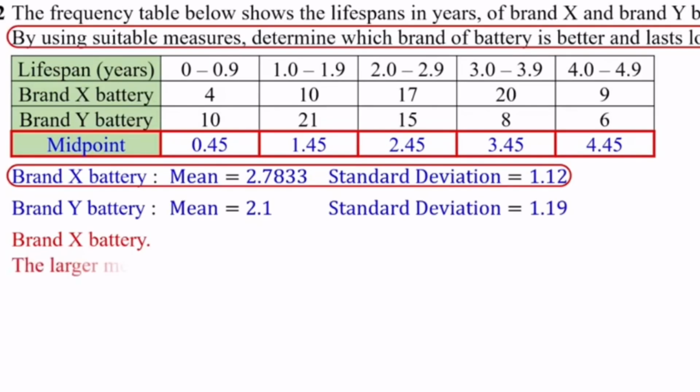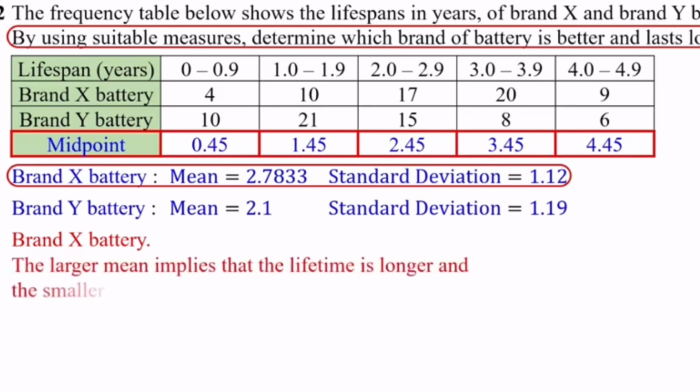So we can make a conclusion: the larger mean implies that the lifespan, not lifetime, lifespan for battery X is longer, and the smaller standard deviation implies that the lifespan for battery X is more consistent.